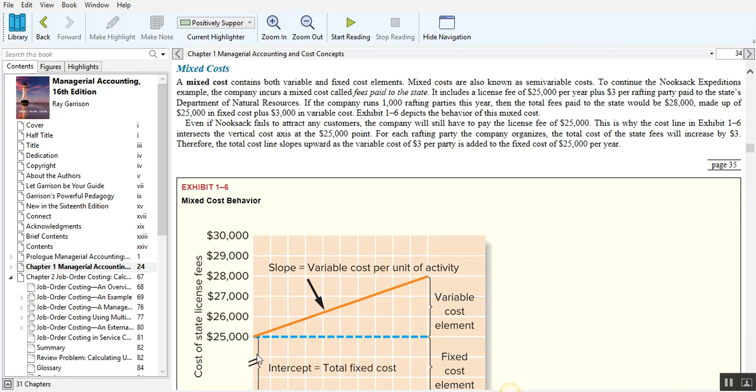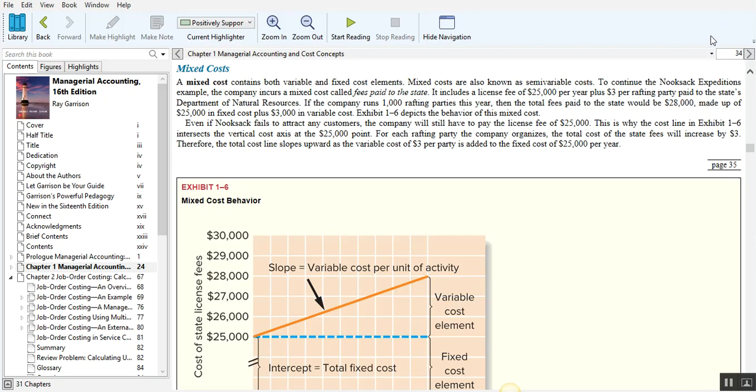So what that means is before you even start, you have this $25,000 expense. That part is fixed. But the part that is variable, and this means that it's a mixed cost, is the fee paid per rafting party.